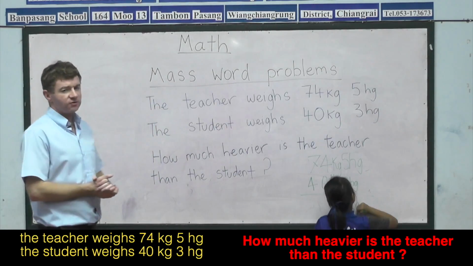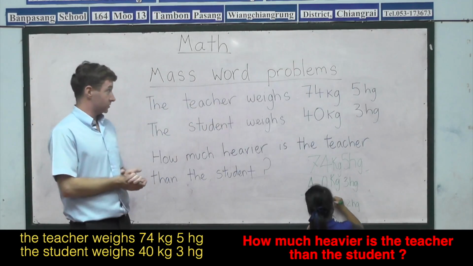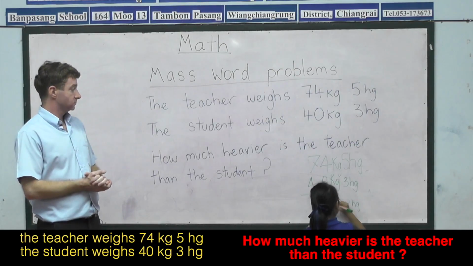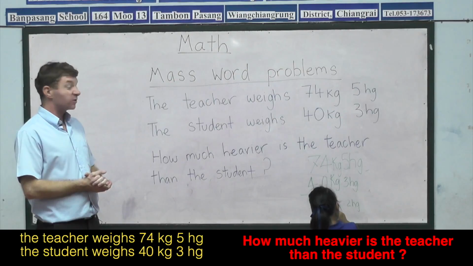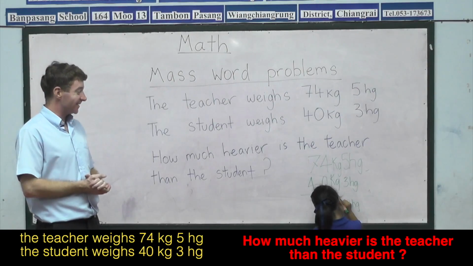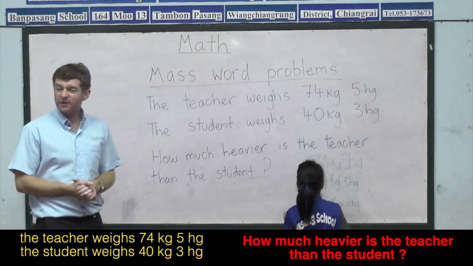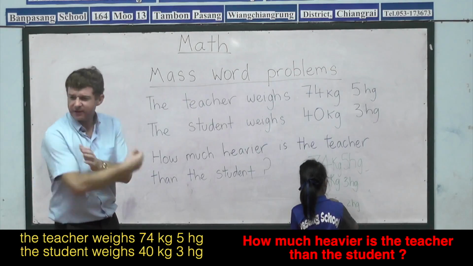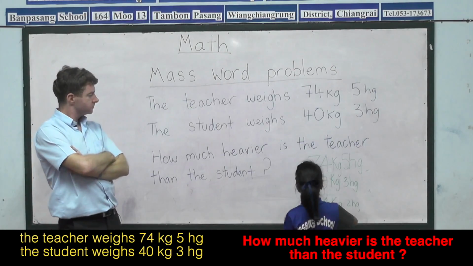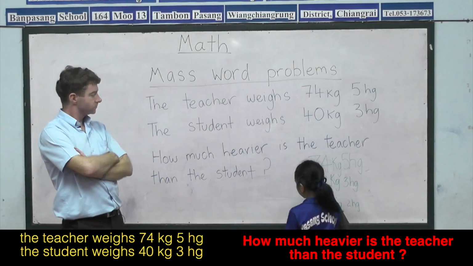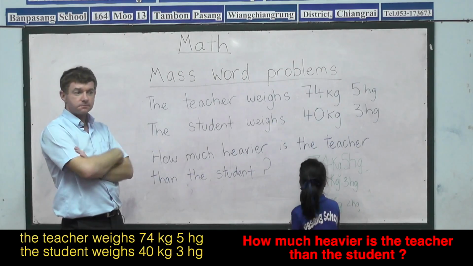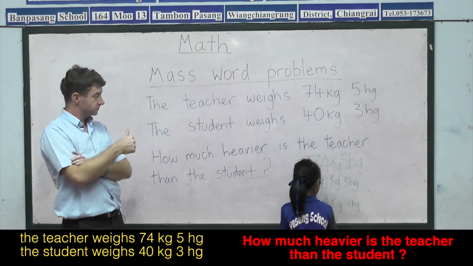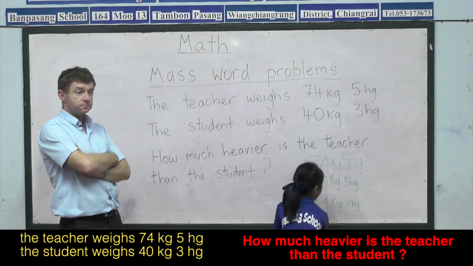But we're not finished yet. We need to do kilograms. Kg, kilograms. 74 minus 40. 4 minus 0 equals 4. 7 minus 4 equals 3. 34 kilograms, 2 hectograms.